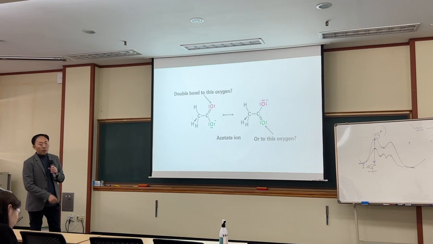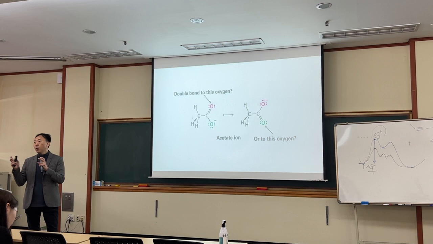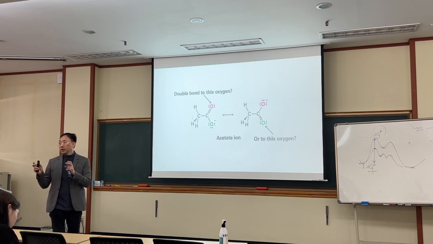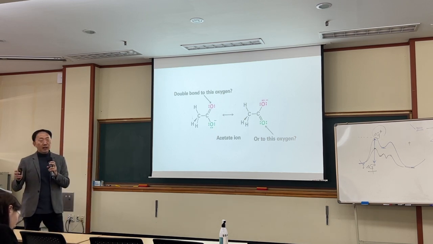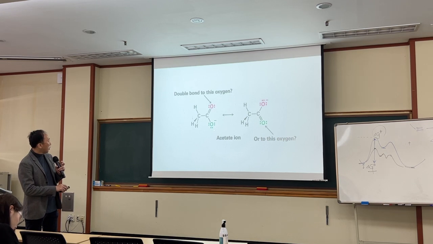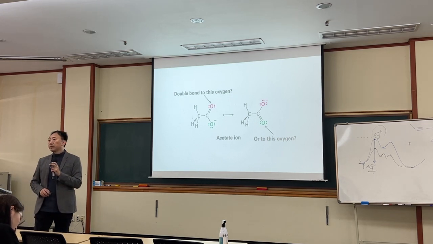So in this case too, this is not really a double bond and a single bond. Both of them should be 1.5 bonds, and this negative charge is maybe half here, half here. That's a more realistic state. At one point, I pointed out that if you have a proton here, is that resonance?